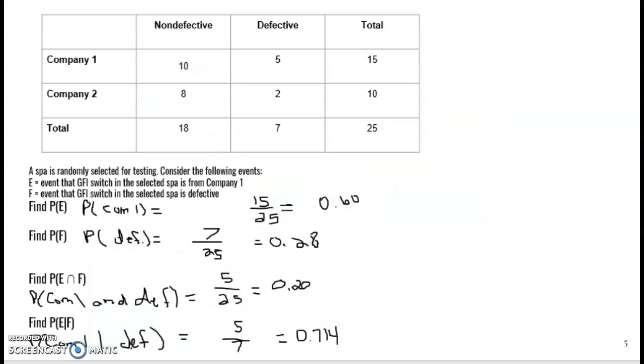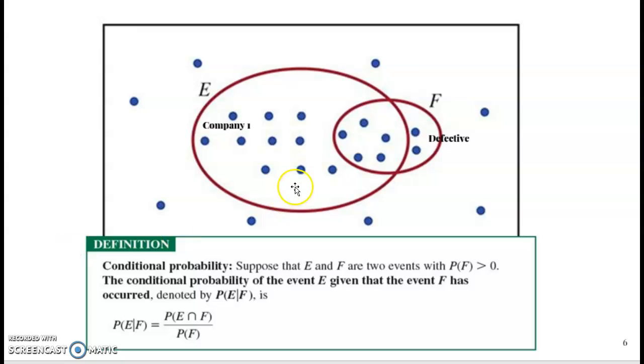So we're looking back here at our company 2, which is outside of the intersection of those two circles. So it just depends on what they're asking you to find. But we're going to go ahead and use that example and look at the formula for finding the conditional probability.